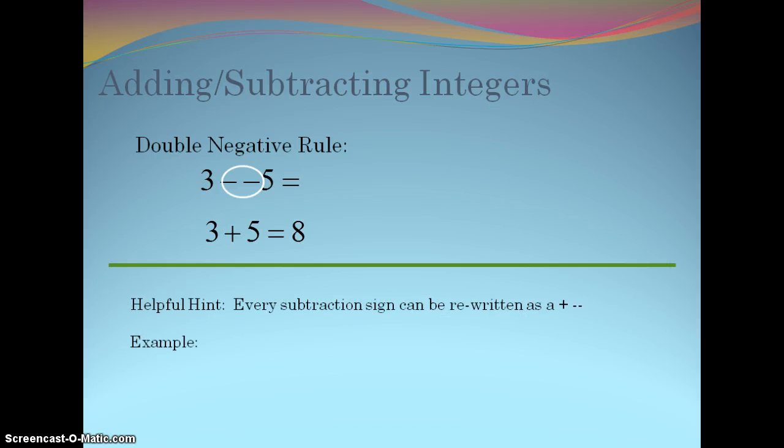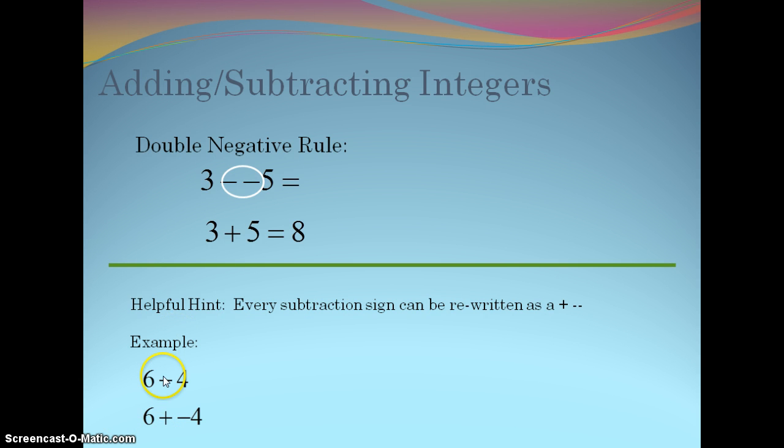Another helpful hint that you should be aware of, and some of you like to do this, and that's completely fine by me, is every subtraction sign can be rewritten as a plus negative sign. So for instance, 6 minus 4. You could rewrite that as 6 plus negative 4. If the minus sign here intimidates you and you're not sure how to deal with it, always rewrite it and then you can follow the rules that were listed on the previous slide.